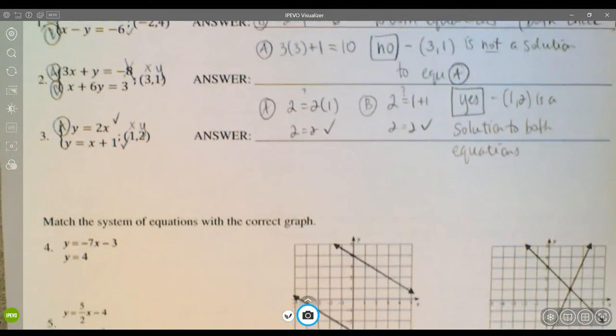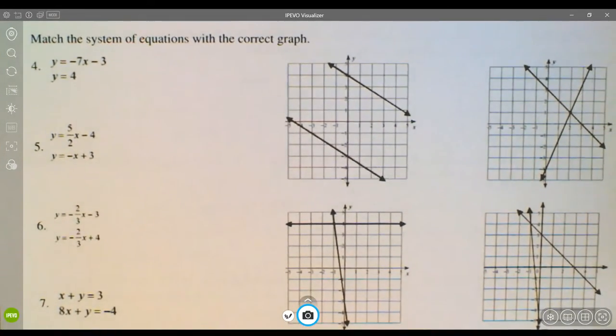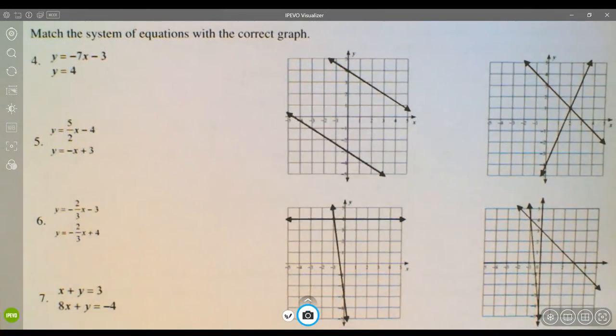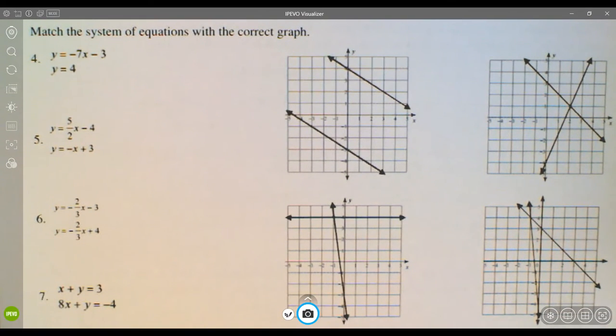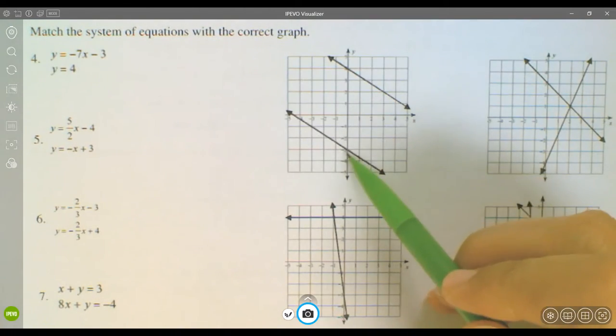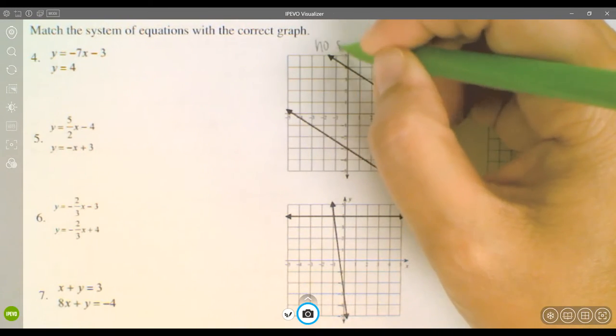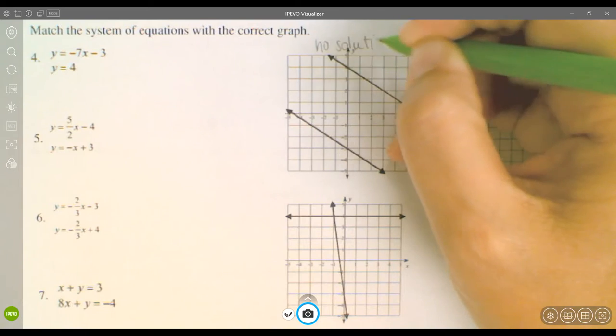Okay, next we get to matching graphs. So here are the 4 systems on the left. We want to match them with the graphs on the right. So let's see what happens here. Let's start over here with these solutions. When I look at this graph, I see that there is no solution here because I have parallel lines.